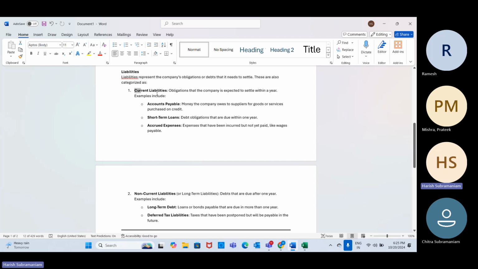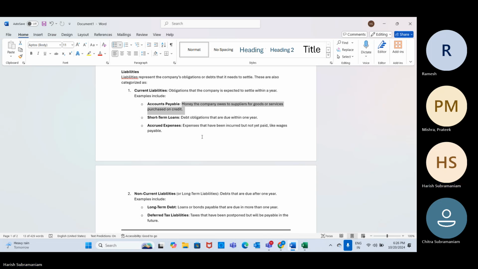And there are current liabilities. Again, these are short term. The word current means it's a short-term perspective. Basically, we have accounts payable, for example. Let's say that we buy some equipment for running our business.